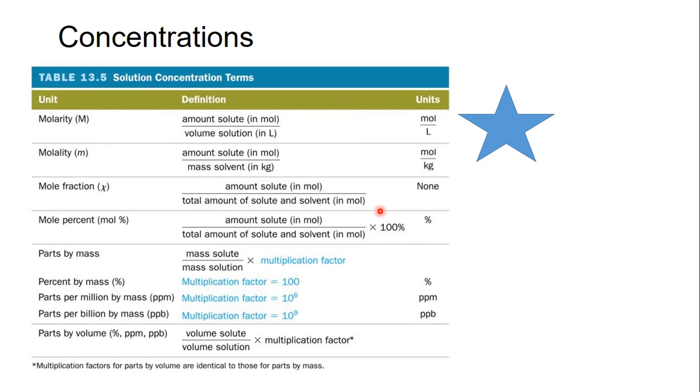Now you can have mole fraction, which is the moles of your solute divided by your total moles of solute and solvent. Your mole percentage is mole fraction times 100. And parts per million is the mass of your solute divided by the mass of your solvent multiplied by some factor, 100 or 10 to the 6th or 10 to the 9th, if you want to talk about percentage, parts per million or parts per billion.